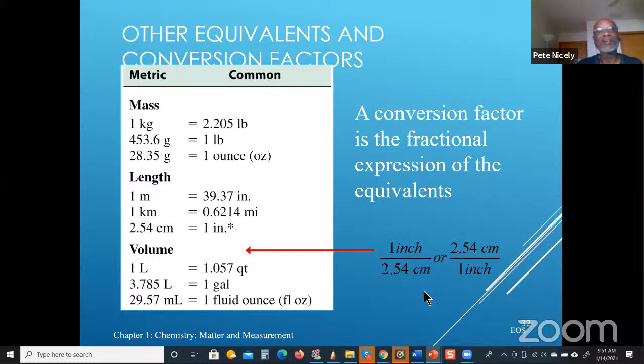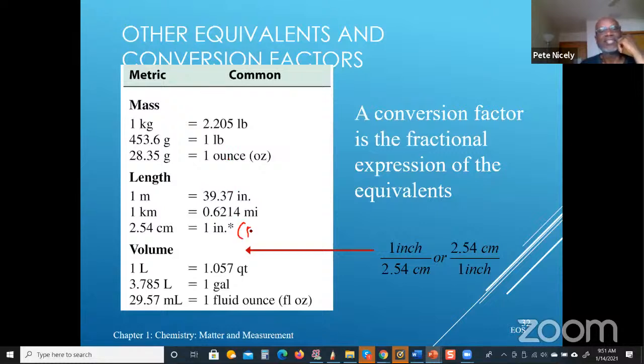Let me just say here at this juncture that when you're using these relationships, again, you have to be careful about whether or not you're talking about exact or measured values. Now, by definition, 1 inch is equal to 2.54 centimeters. So this relationship is an exact relationship, all right? So let me just write right here.